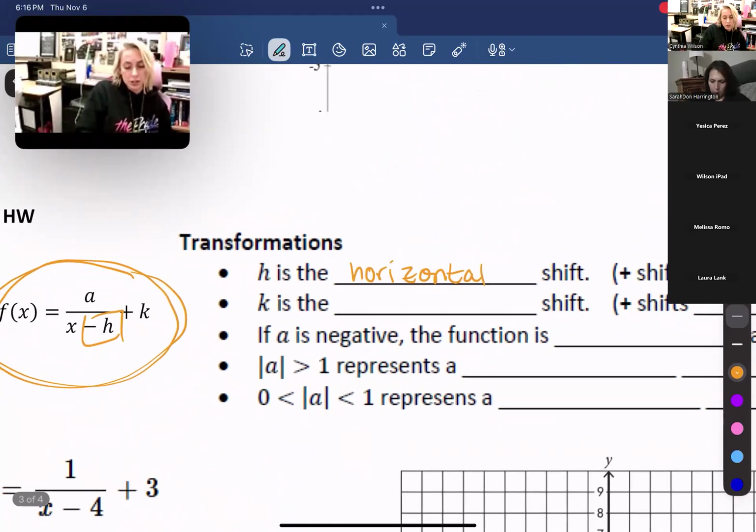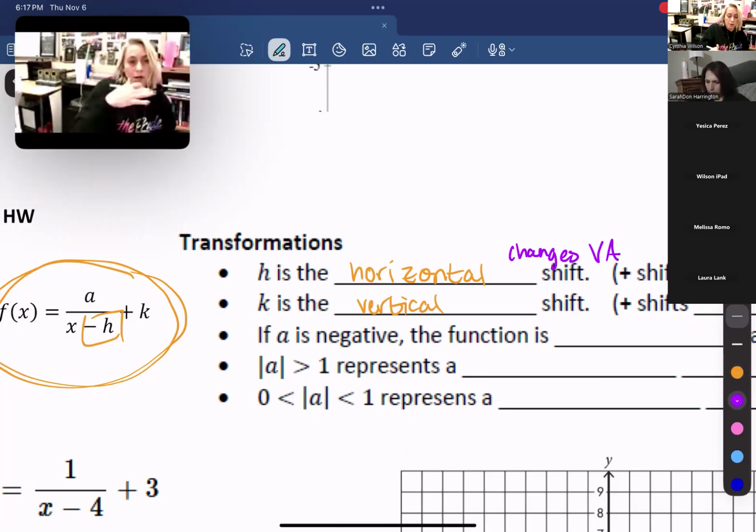This is what changes your vertical asymptote. The k is your vertical shift. So this is what changes your horizontal asymptote because you're moving it up and down.